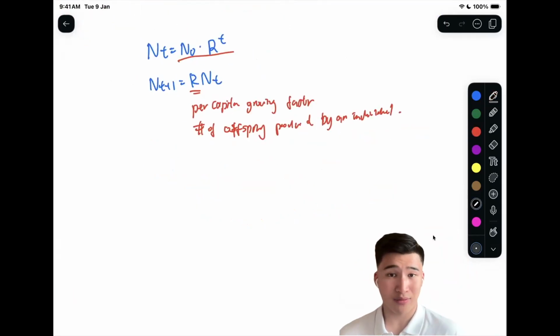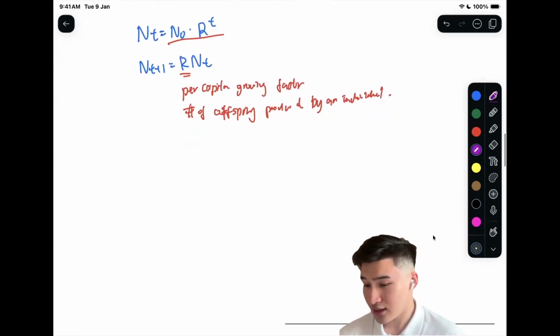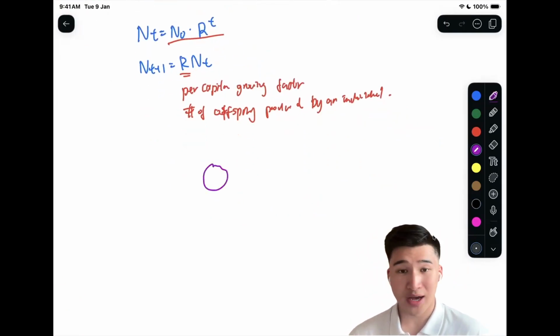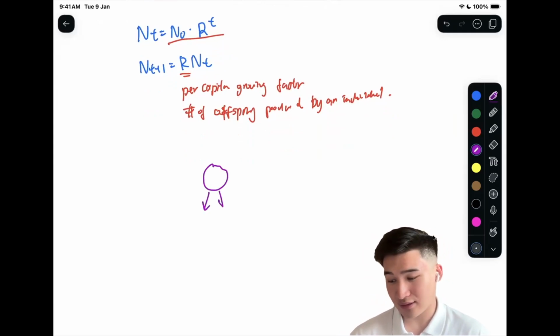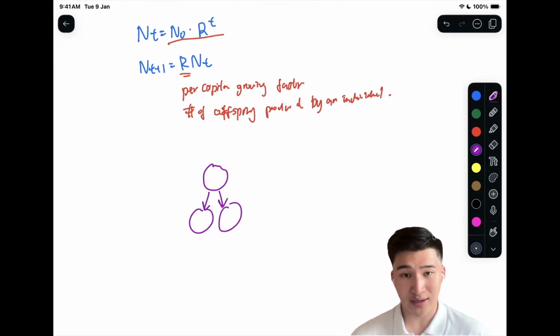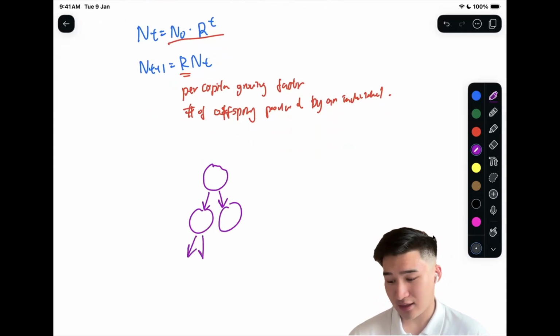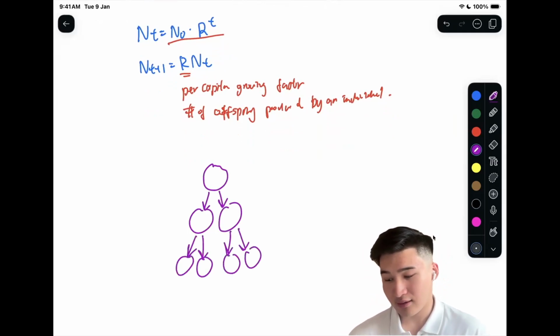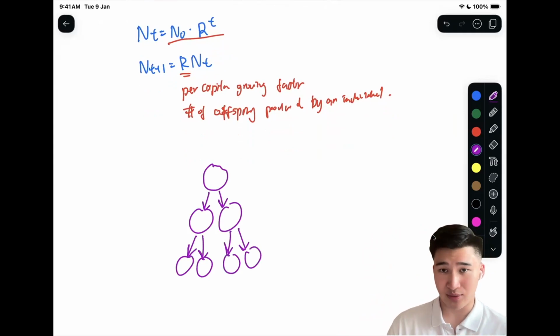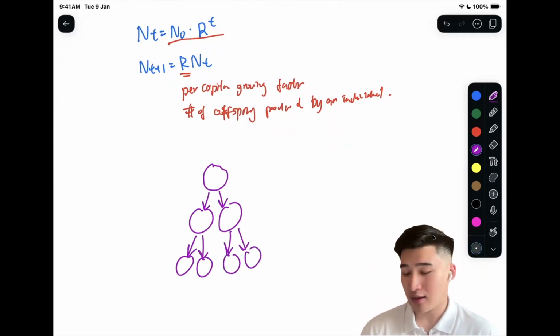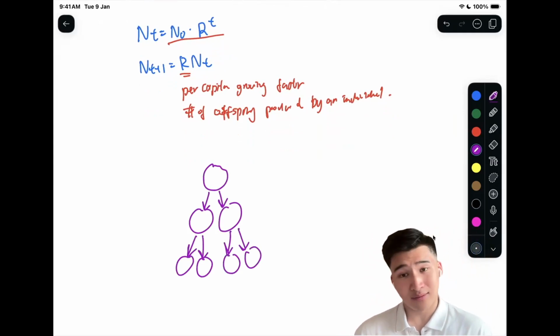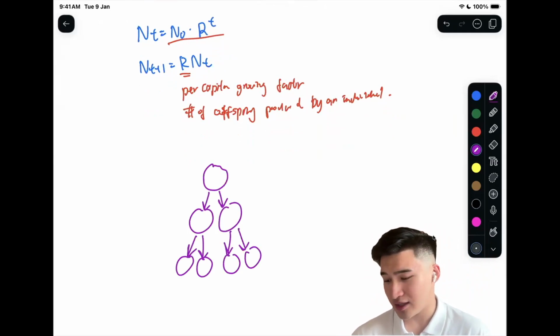I'll give you another example. For instance, cell division. So for cell division, you have a cell, and let's say after it divides, you will get 2, right? And after it divides, each of them is going to get 2, right? In cell division, 1 cell becomes 2. Now, if we recall, the T just means the period.